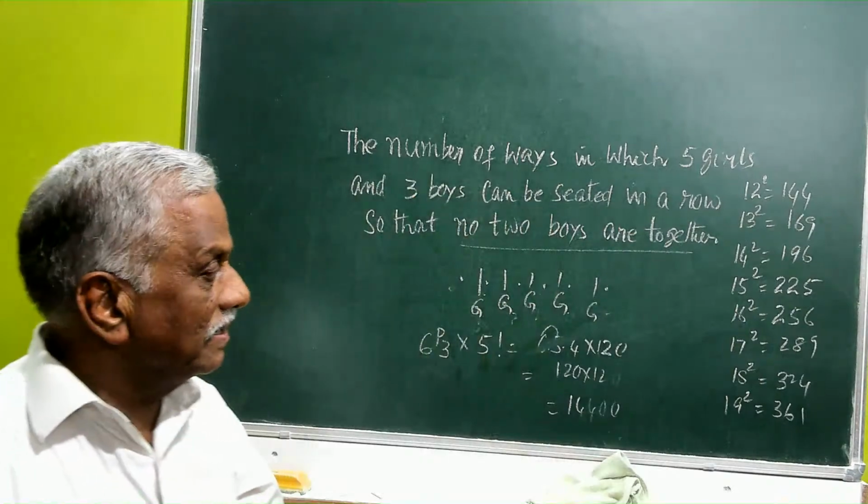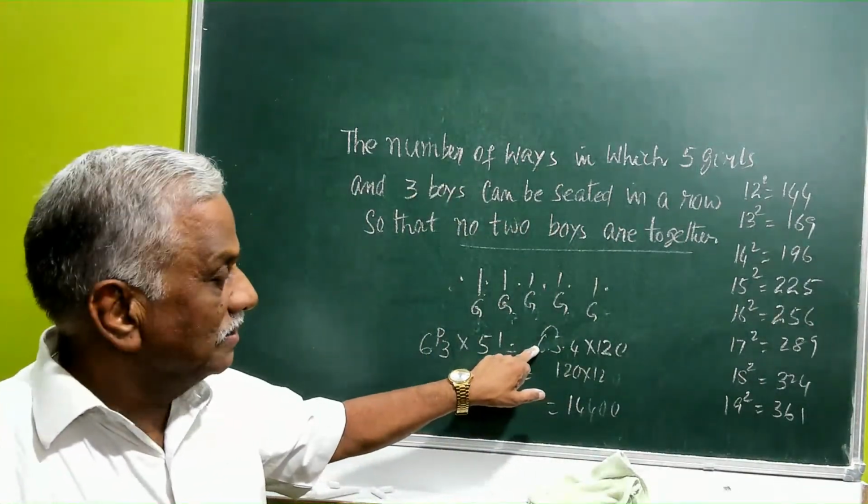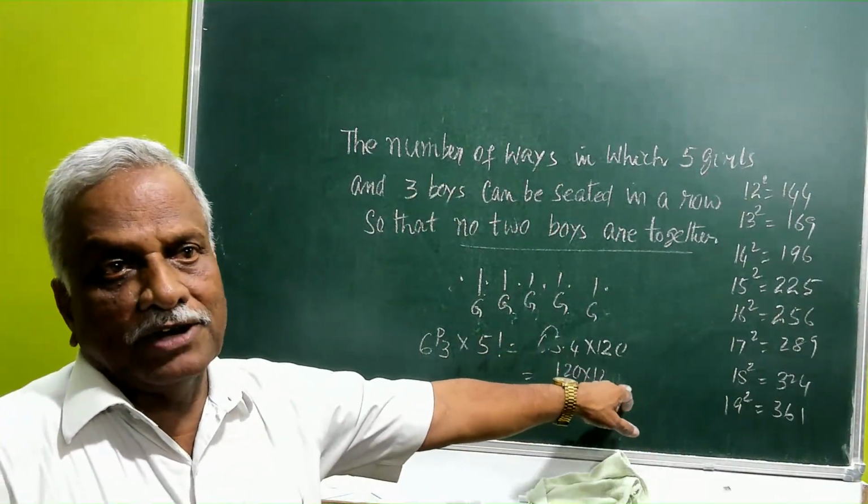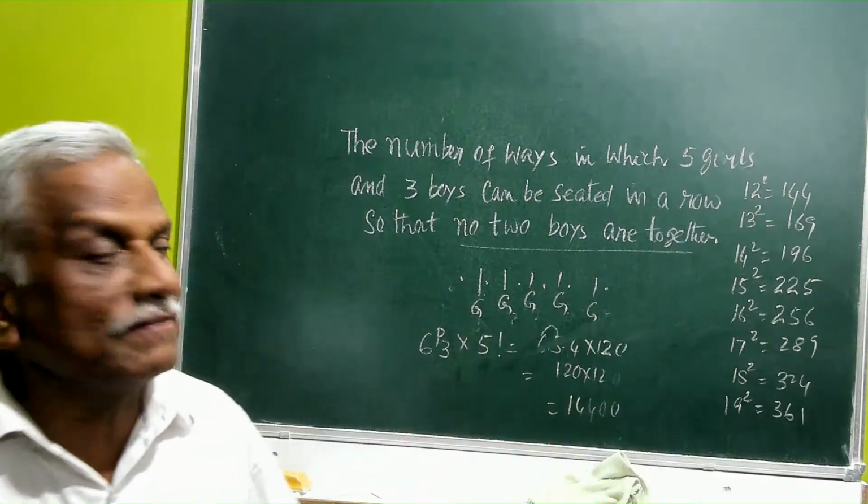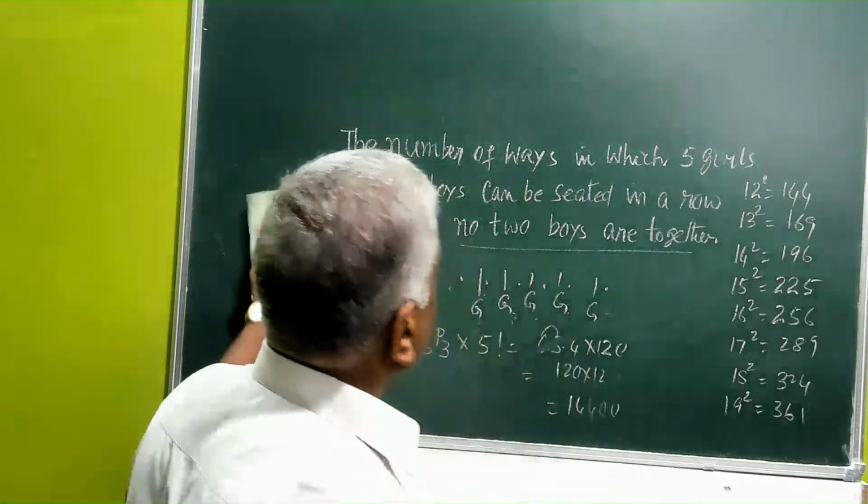So if you can remember it and multiply it properly, you get 12 and 12, 144, and then the zeros, 14400. Otherwise, it will take a lot of time.